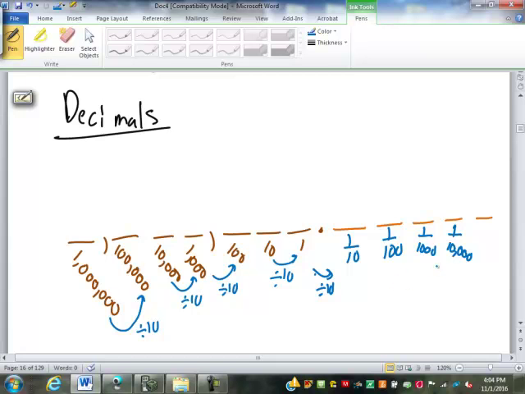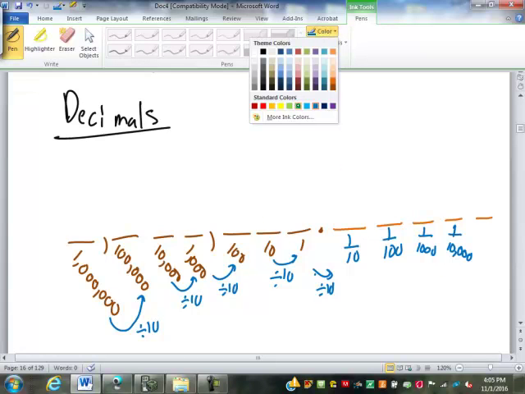So anyway, looking at these place values, you might be thinking that they look a lot like fractions. And that's because that is exactly what they are. Decimals are often called decimal fractions. They are nothing more than a fraction that is being expressed in a common denominator or standard denominator that is a power of 10.